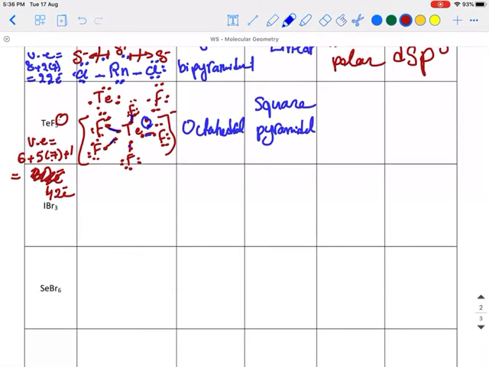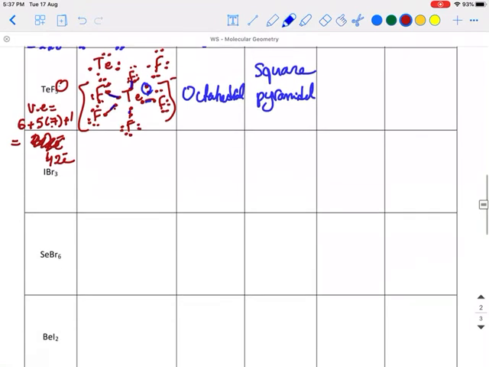Now, is it polar or non-polar? To see the polarity, fluorine is more electronegative, so I will redraw it in a more obvious way.